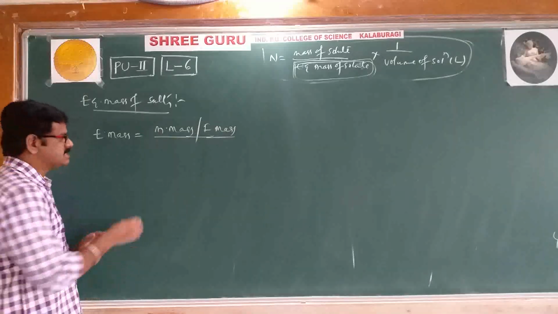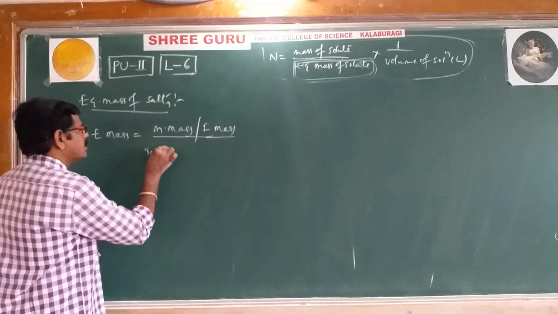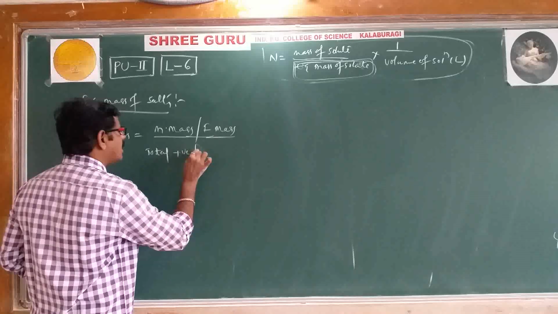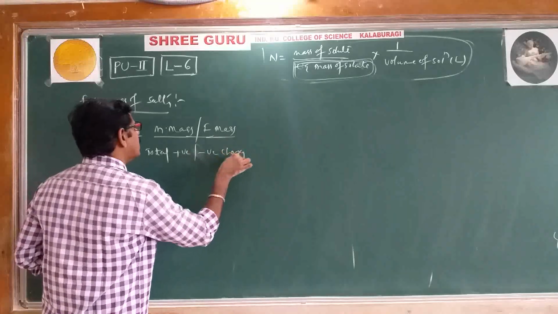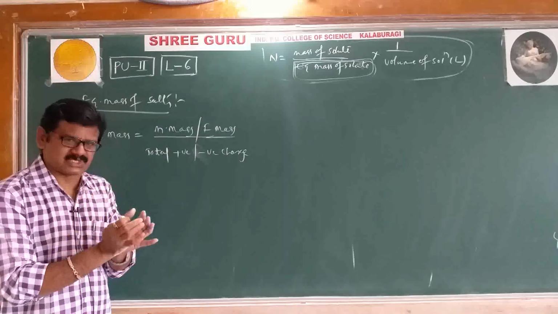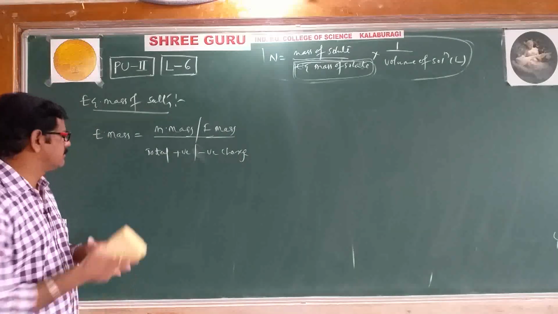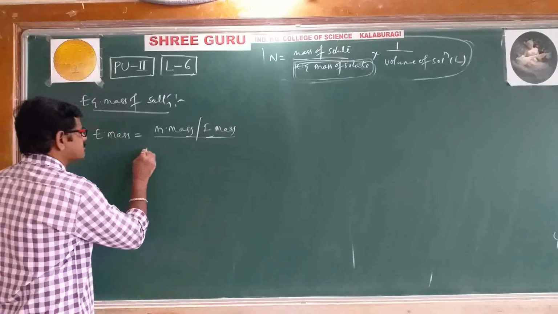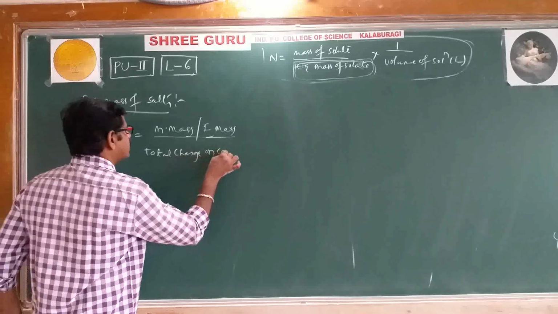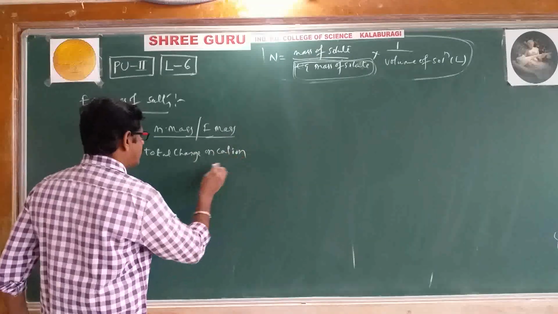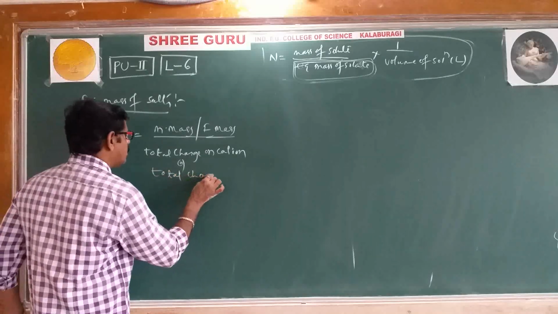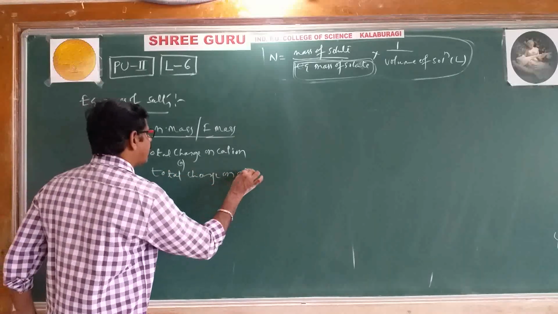What is the n factor? Total positive or negative charge, or total magnitude of positive charge or magnitude of negative charge. We will write it like this: total charge on cation, or total charge on anion.